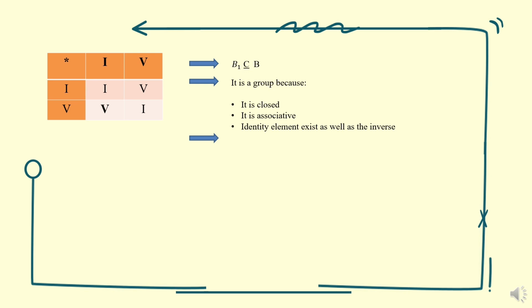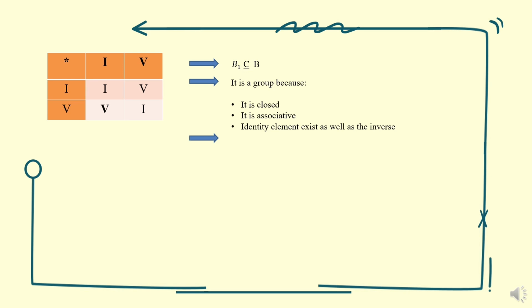And lastly, an identity element exists. Yes, there is an identity element here, which is Roman numeral 1. As well as the inverse. So let's define the inverse of Roman numerals 1 and 5 in this subgroup. The inverse of 1 is 1. As you can see, there is a Roman numeral 1 here, and in its column above it is also 1.